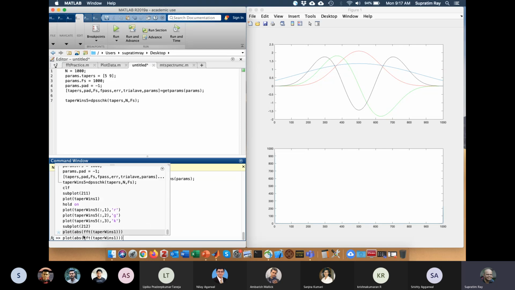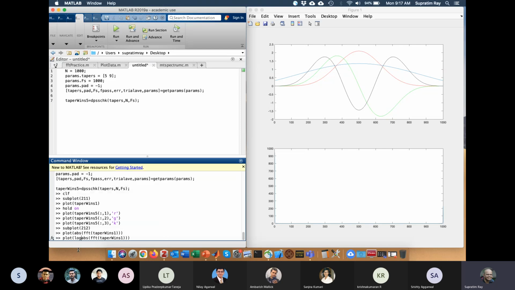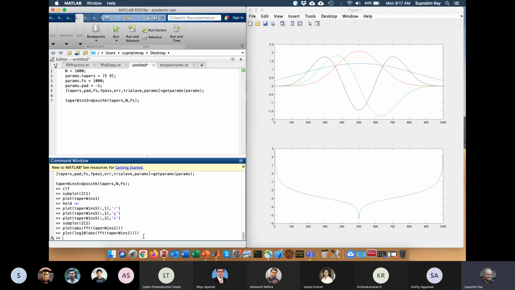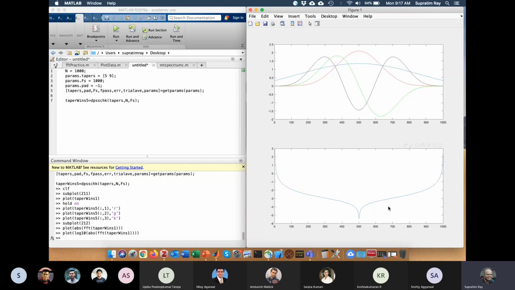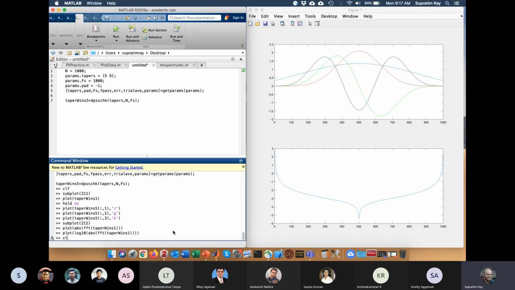Sorry, so I'll do a log 10 here. So this is when you had a single taper. This is the Fourier transform. So xlim 0 to 500.